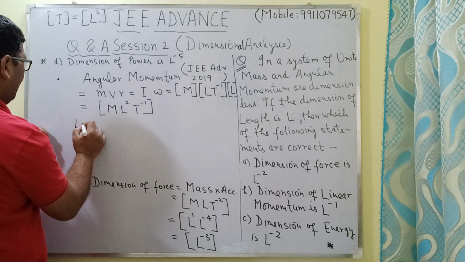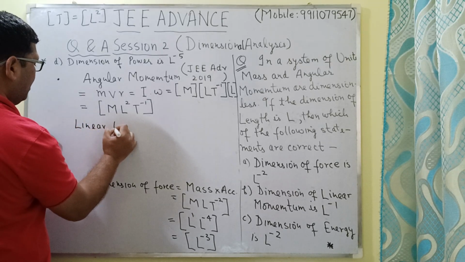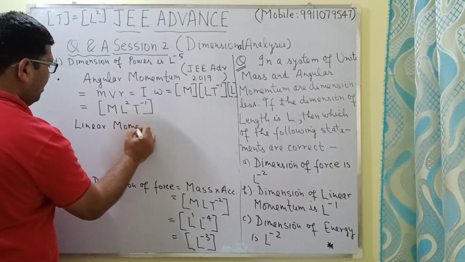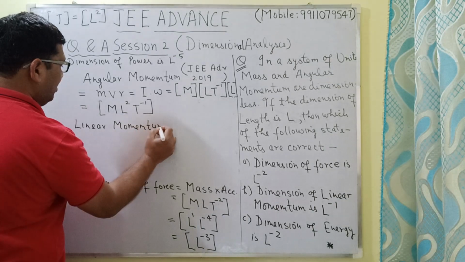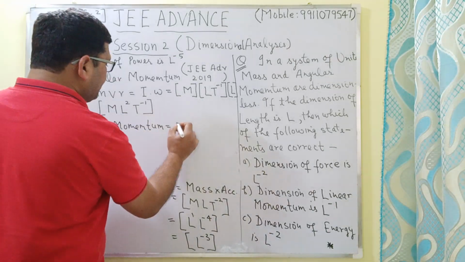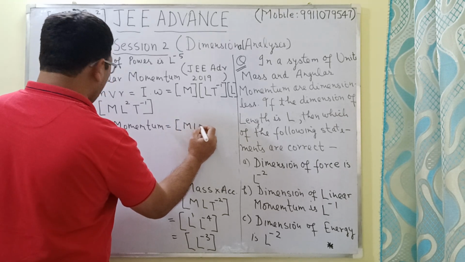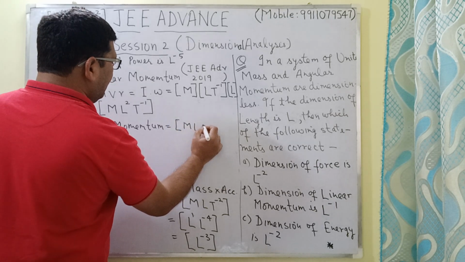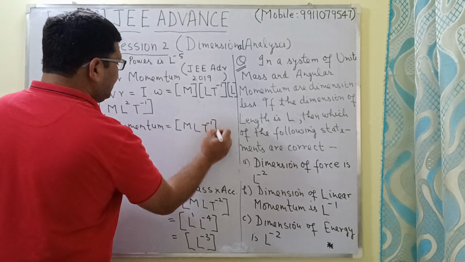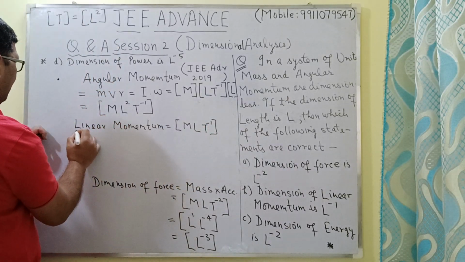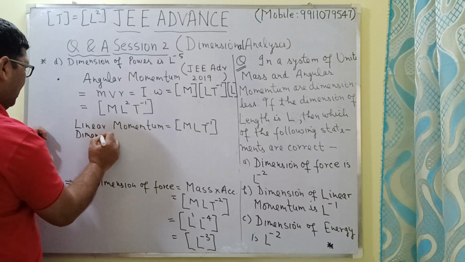Linear momentum is equal to mass into velocity. So the dimension will be M L T to the power minus 1. This is the dimension of linear momentum.